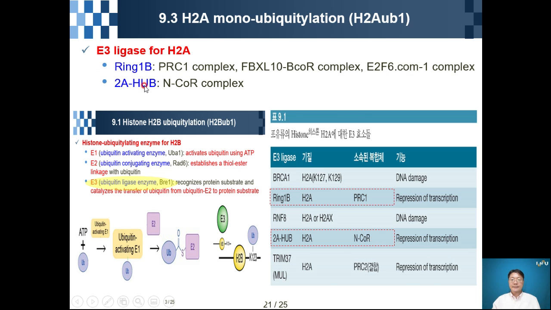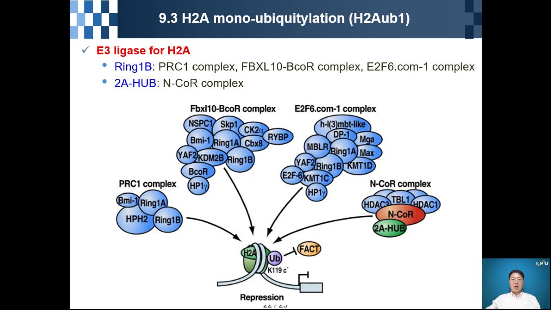So in this slide, I will show you the detailed structure of each complex. Let me start with RING1B. In RING1B, the PRC1 complex belongs to RING1B. For example, here, the PRC1 complex is composed of 4 proteins like this.